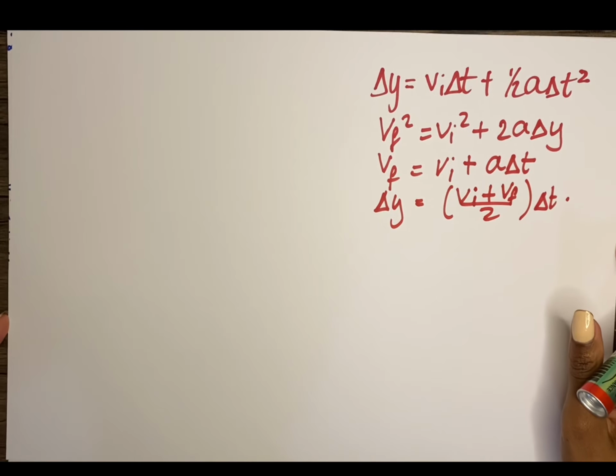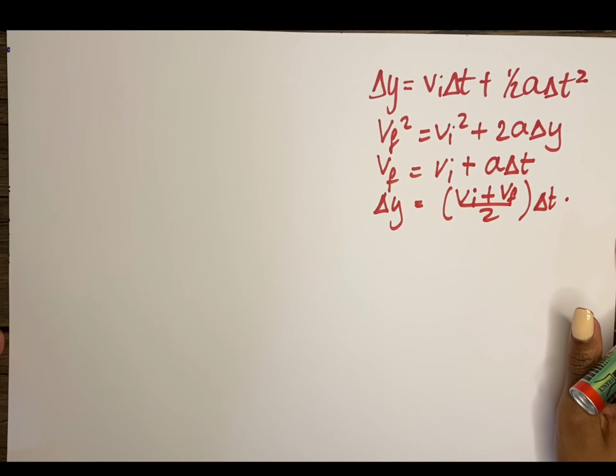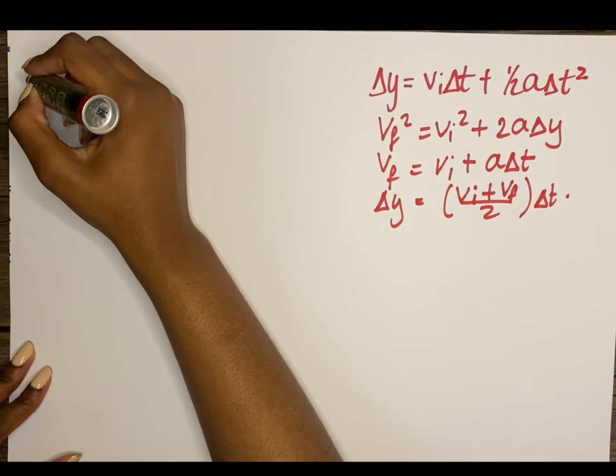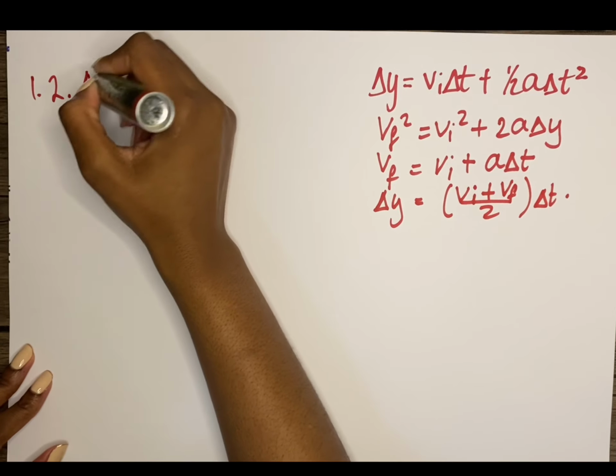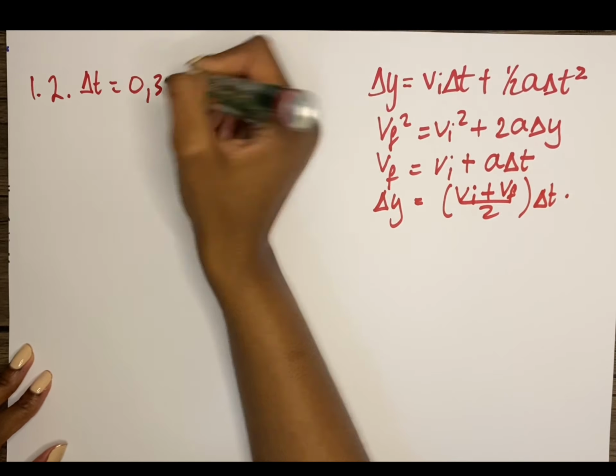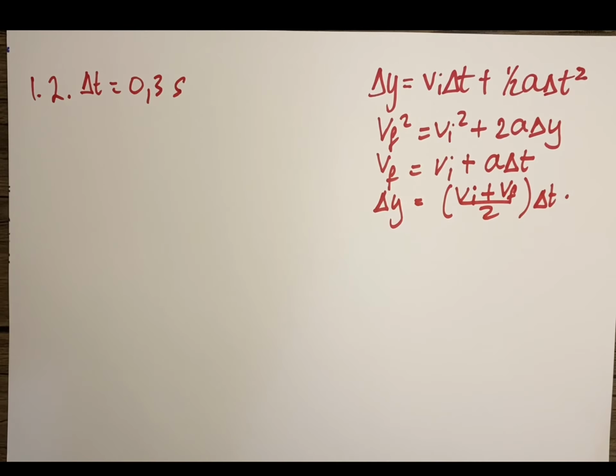So now the question had said calculate the speed of the ball after 0.3 seconds of being thrown. So that was question 1.2. You have the time, which is 0.3 seconds. It's always good to write down what you have, especially in an exam, so you don't feel overwhelmed by all this information and the graph and everything.